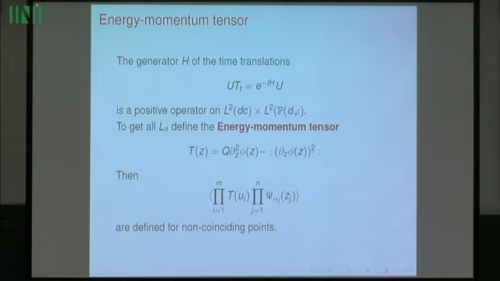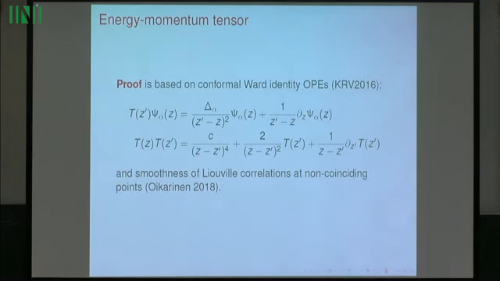They're defined as long as these points are non-coinciding. The reason for that is certain operator product expansions which you can actually prove here. These are called the conformal Ward identities. So within the language which I introduced in the beginning, in correlation functions, these two fields' product can be replaced identically by this combination here. And these two fields can be replaced identically by this combination here.